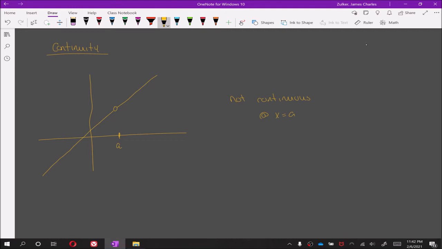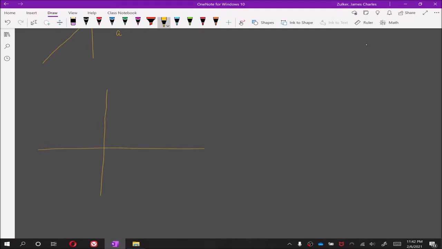What about this function? So we do something like this. Well, again, this is not continuous, again specifically at x equals A, for the same reason: I had to lift my pencil in order to draw the entire graph.